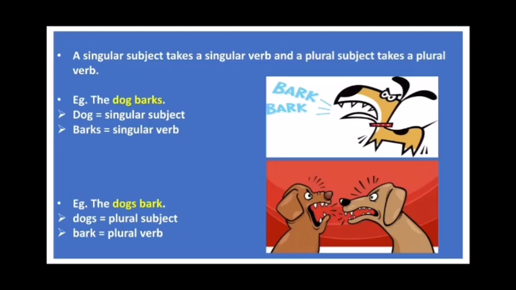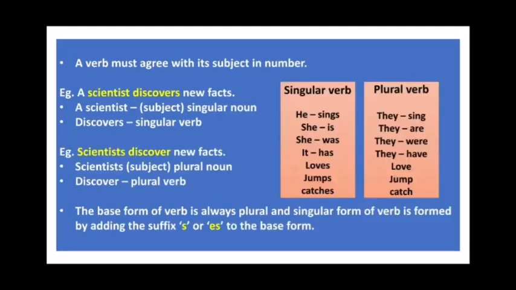Next example, the dogs bark. Now we have S added to dogs. So here dogs is a plural subject and bark is a plural verb. A verb must agree with its subject in number.